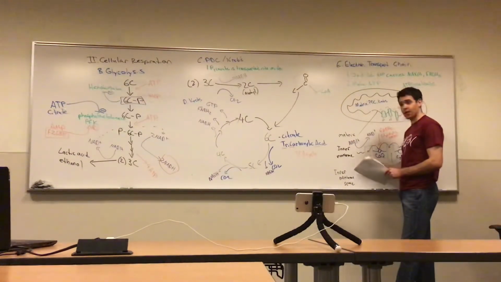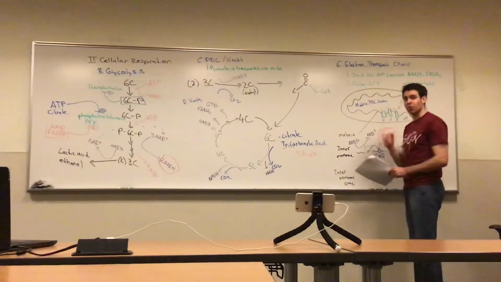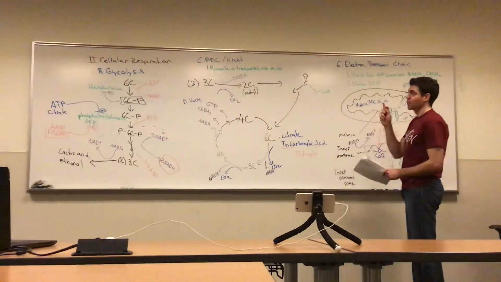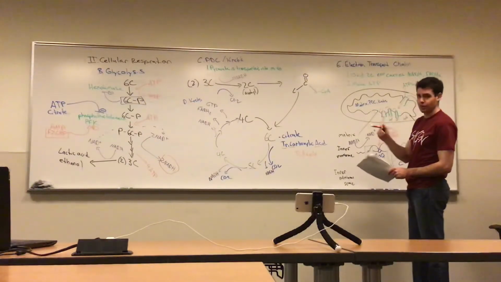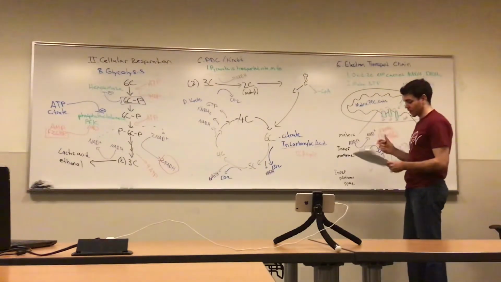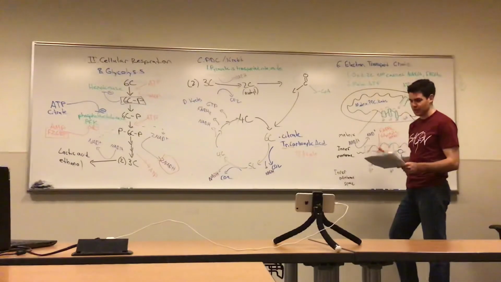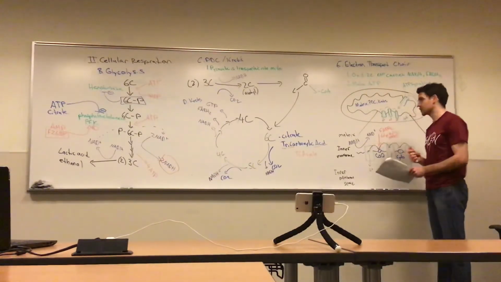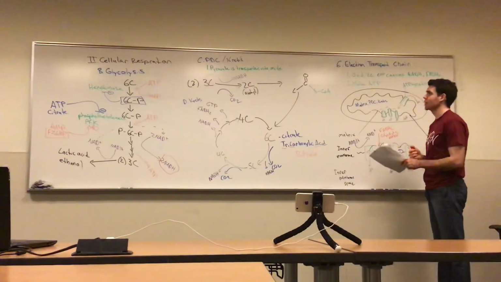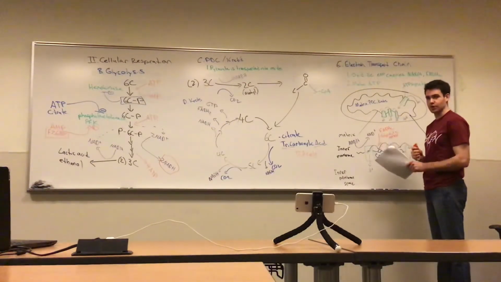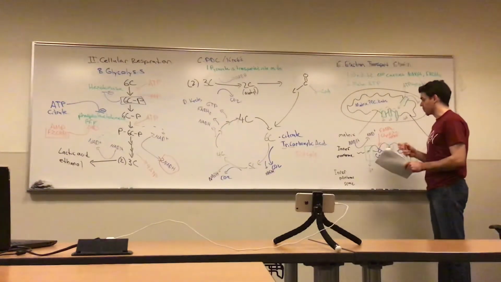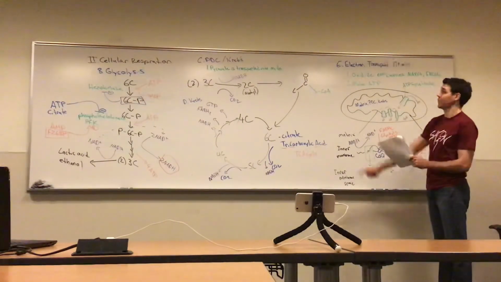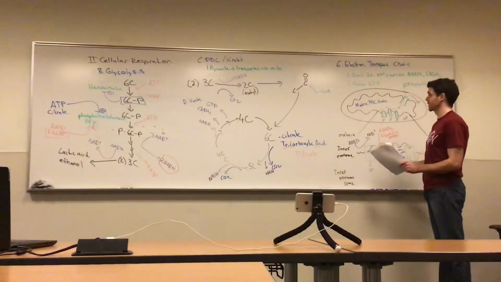So for prokaryotes, they're actually more efficient. So per molecule of glucose, the numbers are kind of skewed. I don't know what numbers to believe, but let's just use 30. So per molecule of glucose, a prokaryote will make 32 ATP if it went through this whole cellular respiration cycle.